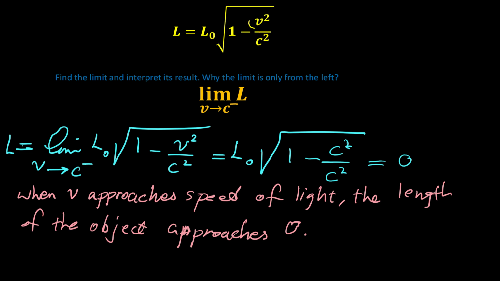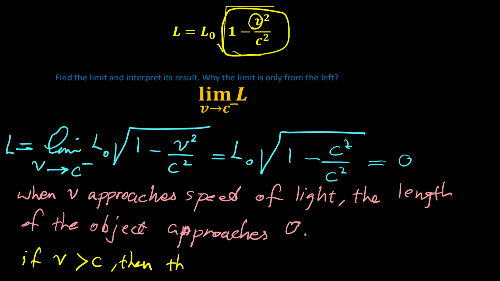If v is greater than c, then the expression under the square root is negative, so the radical is undefined.